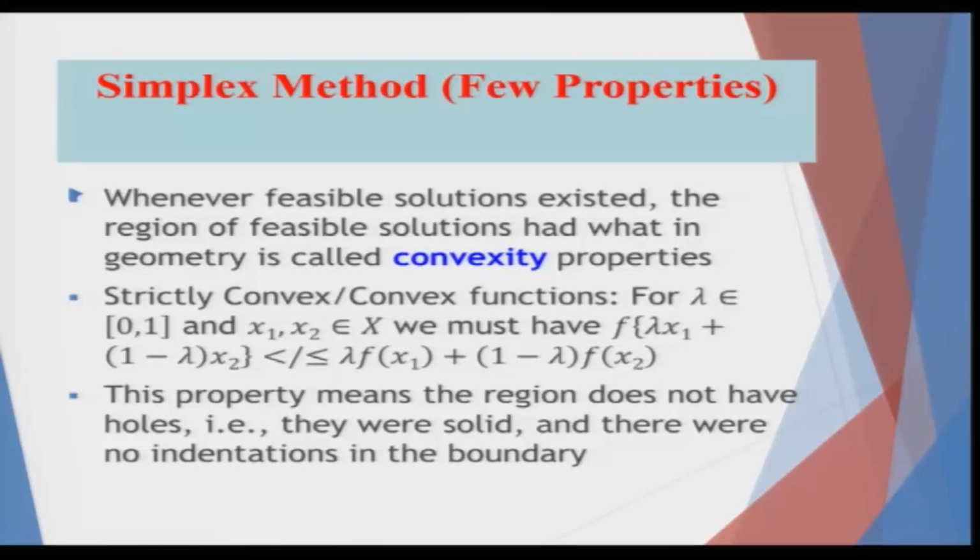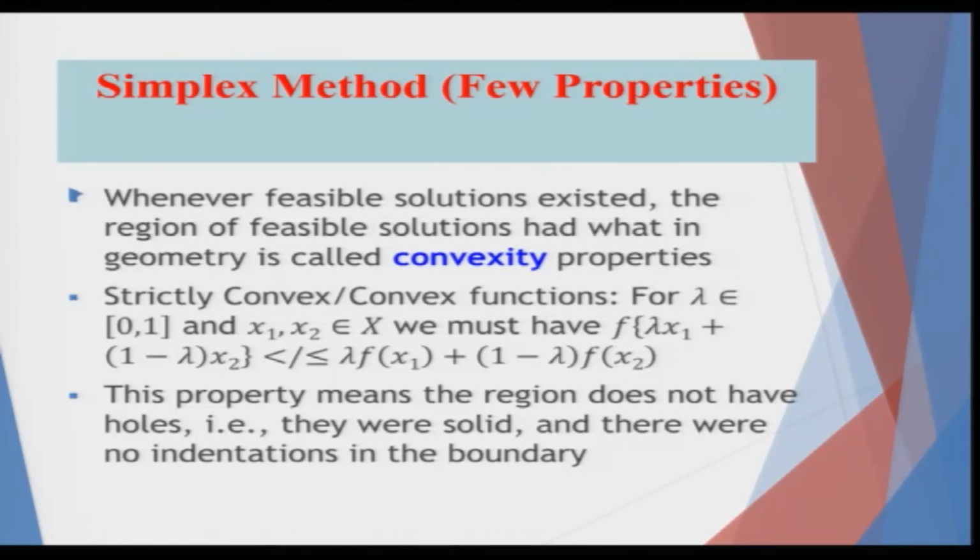Obviously, for concavity it will be the different one. For a convex function it is greater than or equal to, and for strictly convex only the greater than sign holds true.